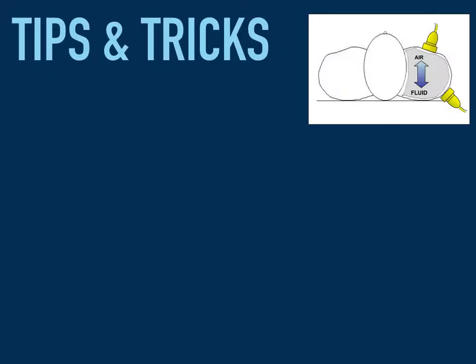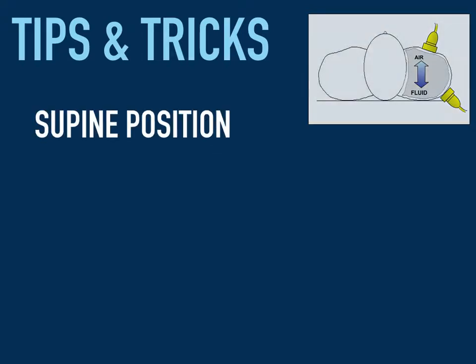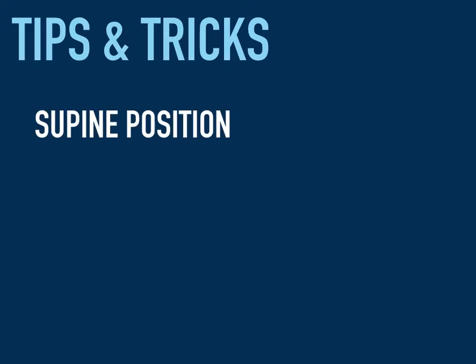Tips and tricks for evaluating pneumothorax and pleural movement, especially if you are looking for a pneumothorax. Keep in mind the second rule of lung ultrasound, which is the air and fluid relationship. A single drop of air will go to the least dependent area. So in a patient in supine position, you need to look anteriorly.